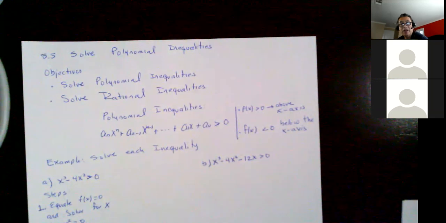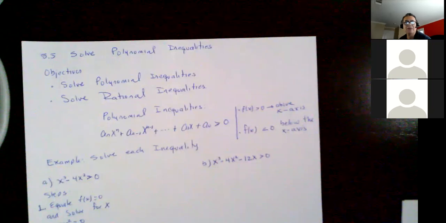Let's continue with 5.5, solve polynomial inequalities. Objectives: solve polynomial inequalities and solve rational inequalities. Did you guys remember in one of the sections before we solved inequalities for quadratic inequalities?